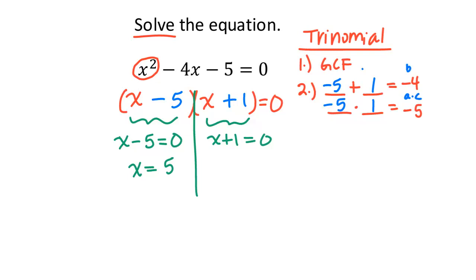Subtract 1 from each side, and that gives us our -1. But basically what we're doing is just switching the sign in the parentheses. So I got an x minus 5, so the solution is going to be x equals 5. You just switch the sign. A +1, my solution is going to be -1. Okay? So those are my two solutions.